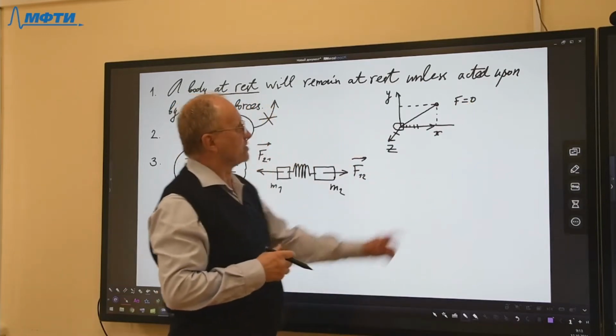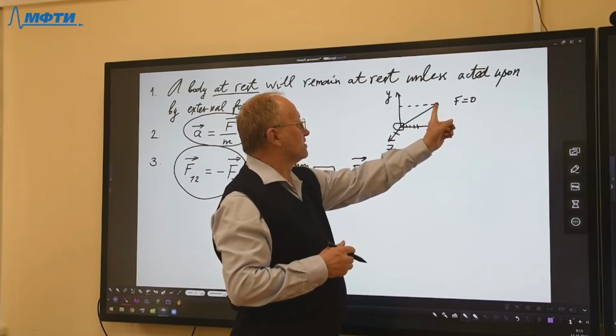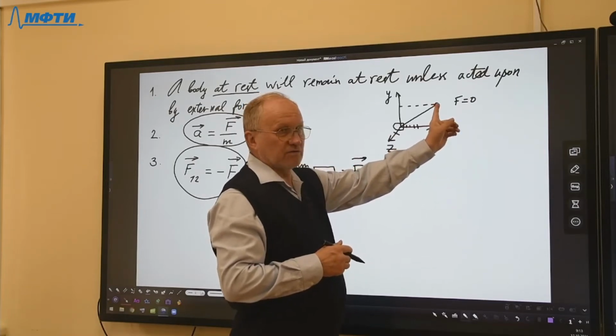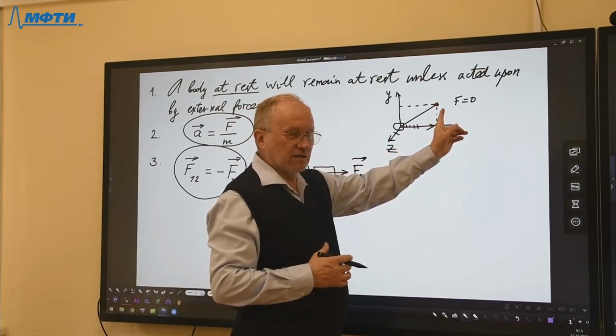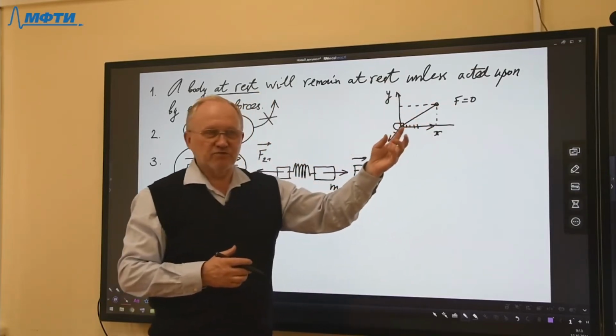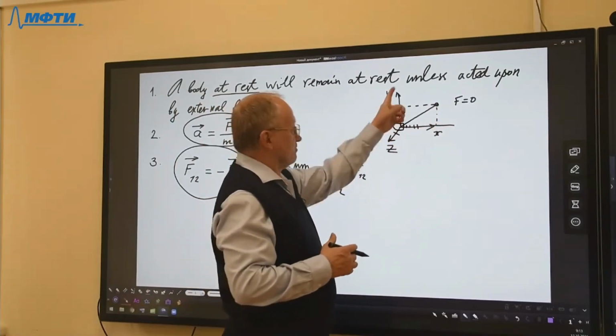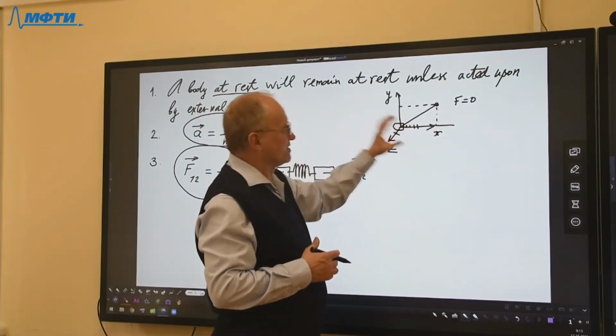If all the external forces are equal to 0, then the body remains at rest. Where? It's not an abstract body hanging in empty space. No. There is some coordinate system which possesses this property.